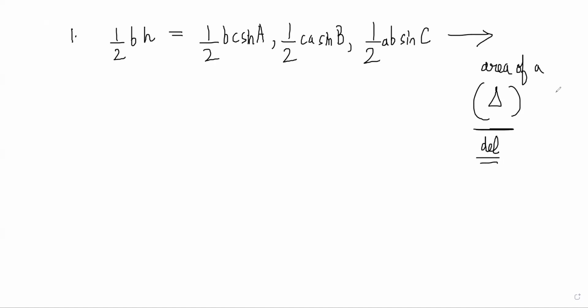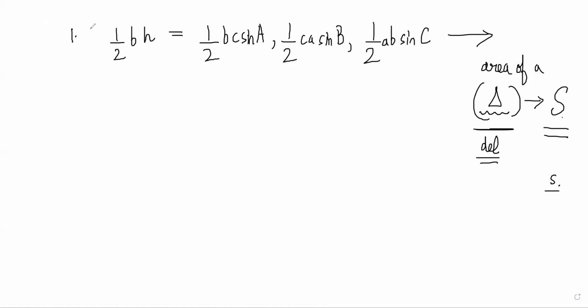In the book, he uses the symbol capital S. We will not be using capital S because it is easy to get confused between capital S and small s, which is the semi-perimeter. We'll always say delta.